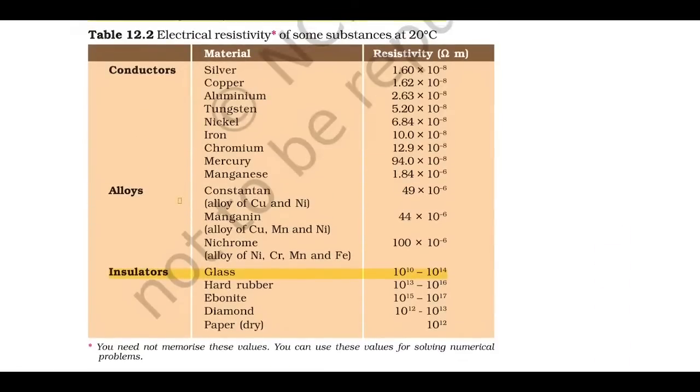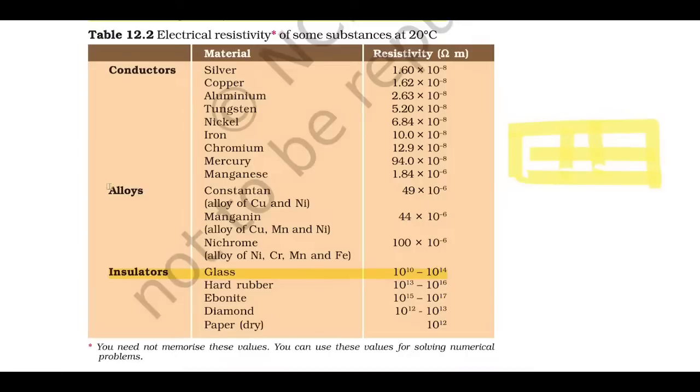So in the examination you can expect a question where they give a table with different resistivity values. You should tell which conductor, alloy or insulator has high conductivity. If the resistivity is more, that means the conductivity will be less.